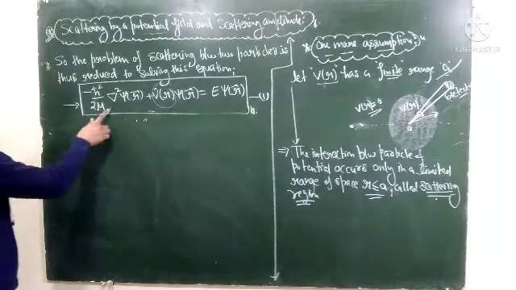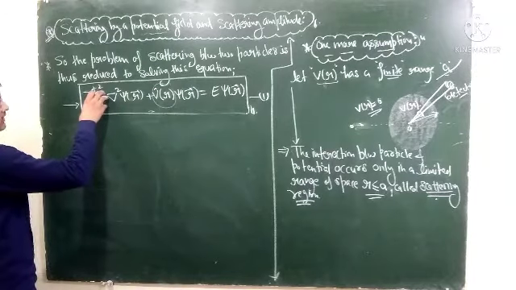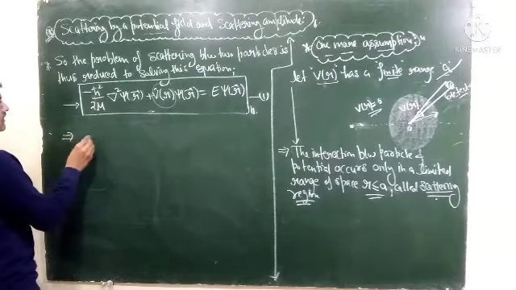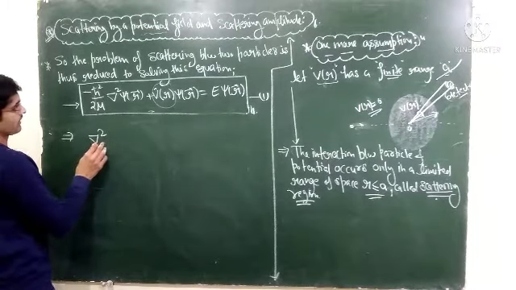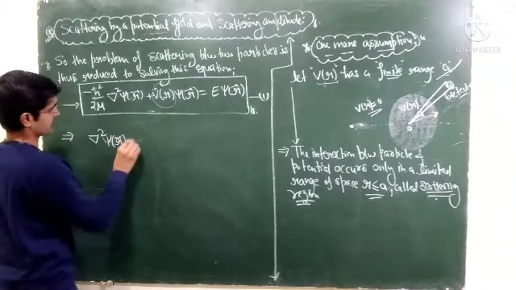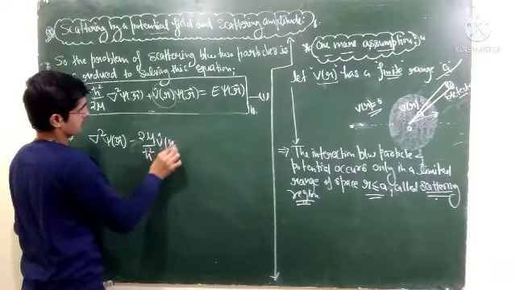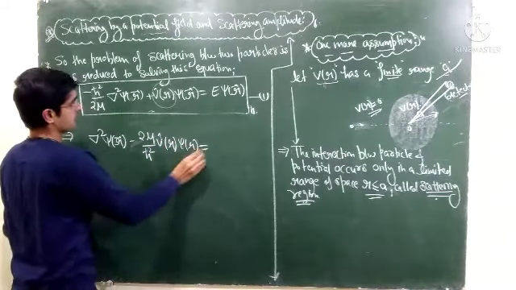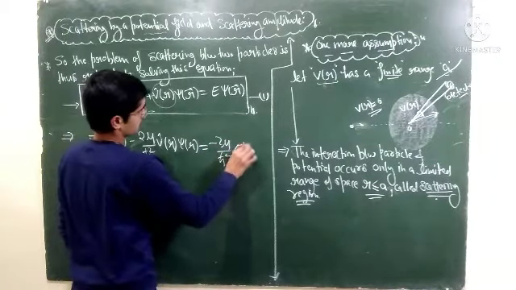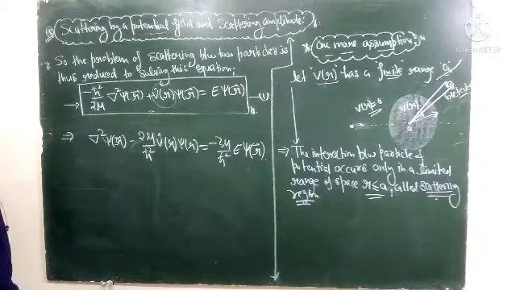Let me write this equation in one more useful form. You just have to multiply the whole equation by the reciprocal of this particular term. So it will be del squared, which is the Laplacian, plus or minus 2 mu over h cross square into V of r into psi of r, which will be equal to minus 2 mu over h cross square into E into psi of r, right?